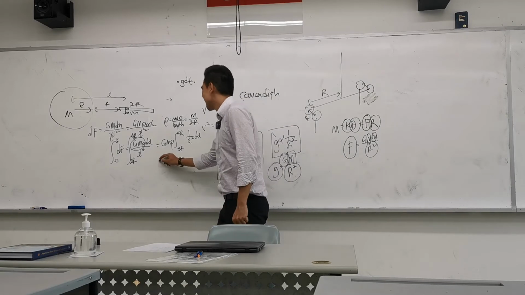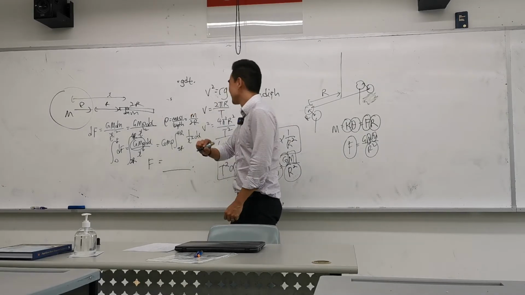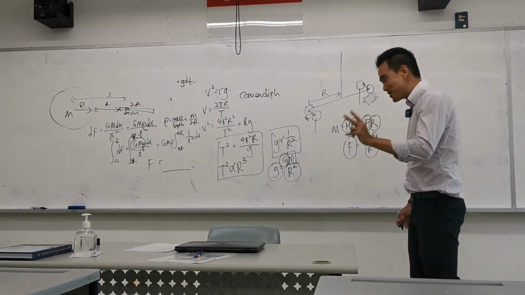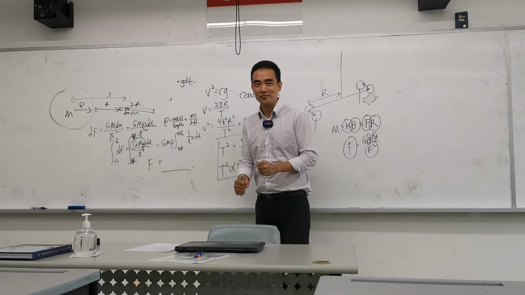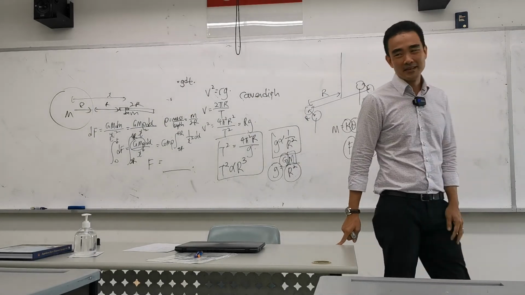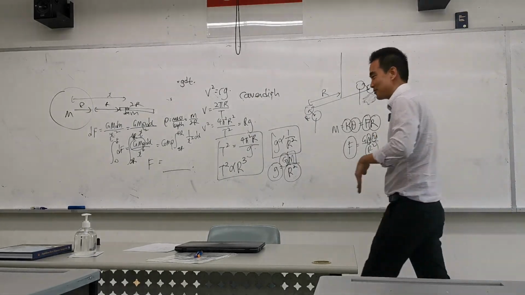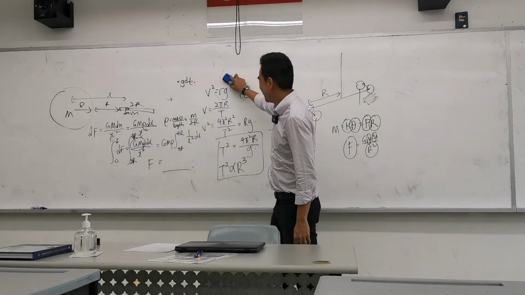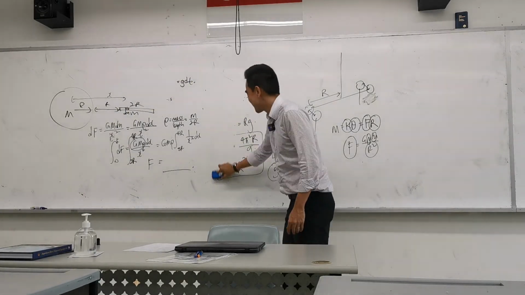Go ahead and do it. Come on, find the F. I give you 2 minutes, at least wiggle your way through. It's a simple integral. The next one is going to be difficult. Yes, there's a next one.